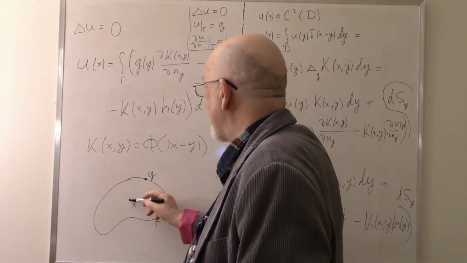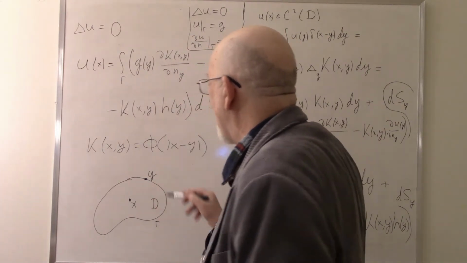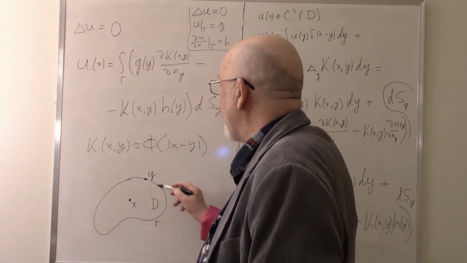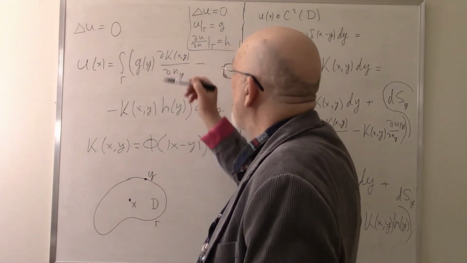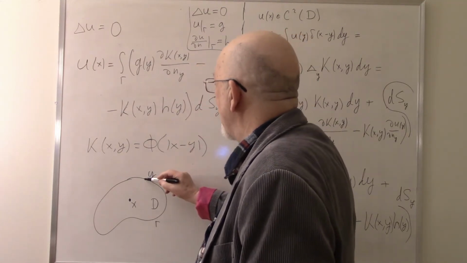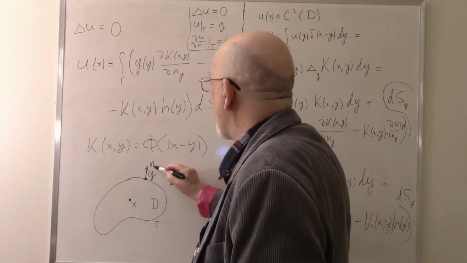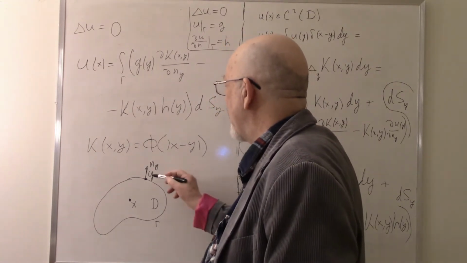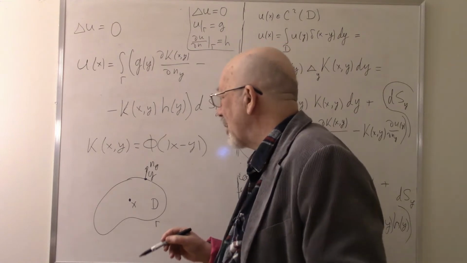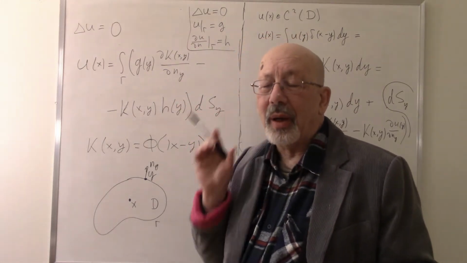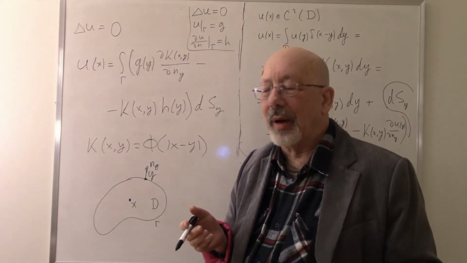Here x is inside and y is on the boundary, so k of xy is a smooth function, and if you take its derivative along the unit external normal at the point y, then as a function of x it will remain a smooth function.